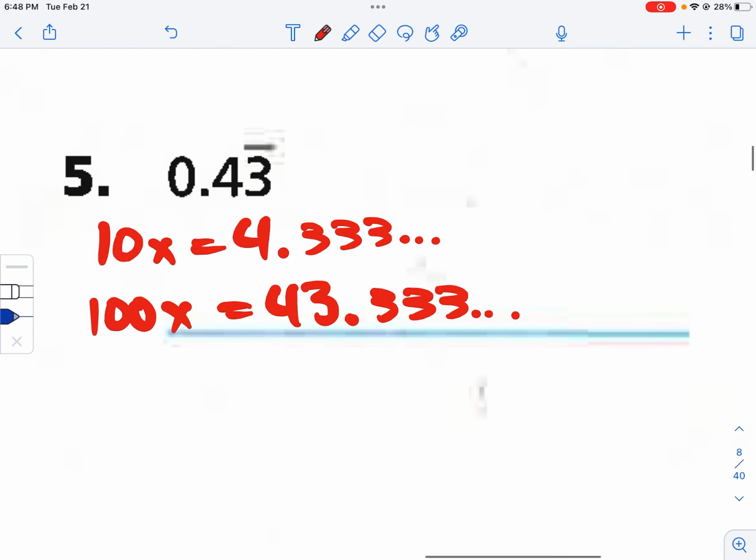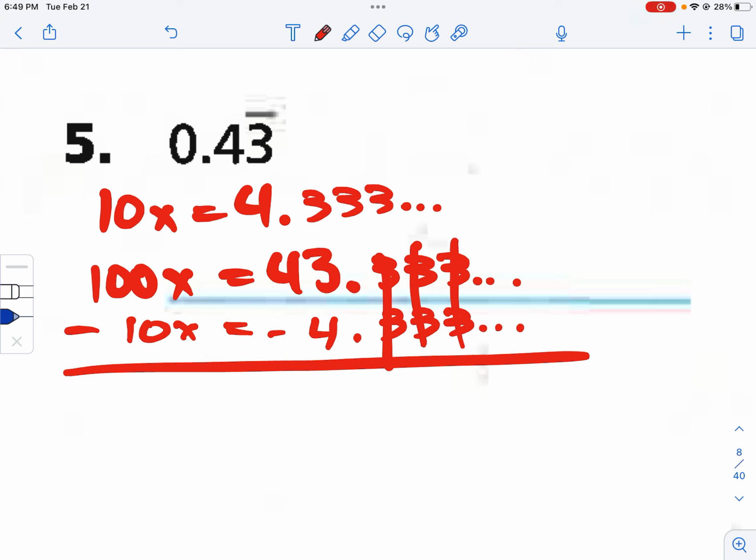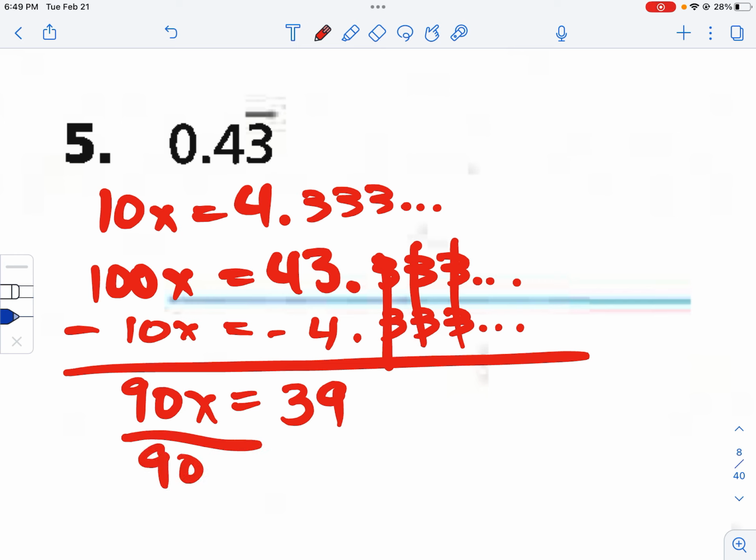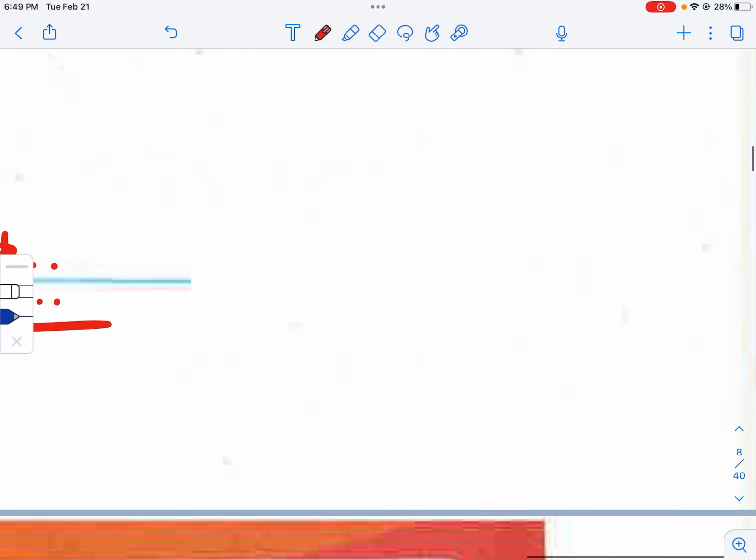Okay. So I'm going to subtract 10x equals 4.333 repeating. These cancel, these cancel, these cancel. I get 90x equals 39. Divide by 90 on both sides. Get x equals, let's see, 3 goes in 13, 3 goes in 30. So 13 over 30.